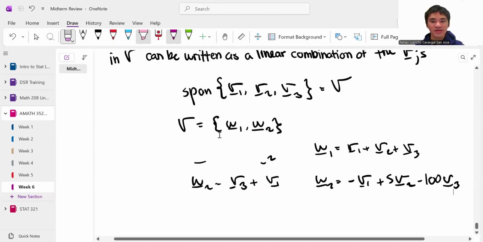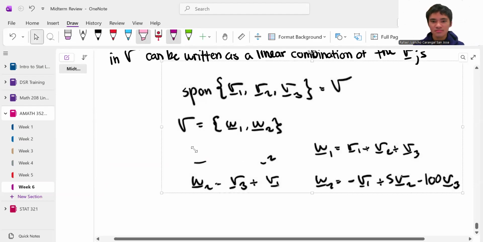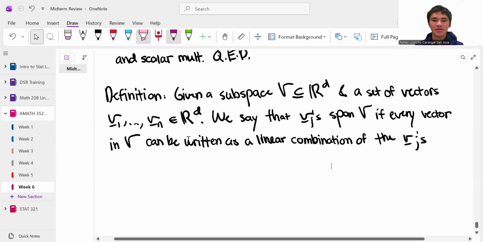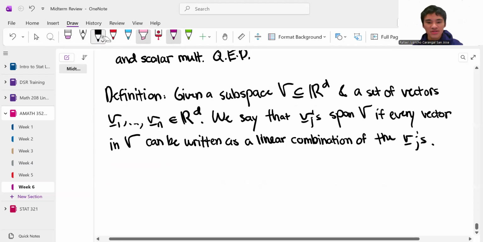Okay, why can't I? Uh-oh. Okay, I thought it was going to take forever to load. Man, this thing's taking forever. So the v_j's, that is the span.